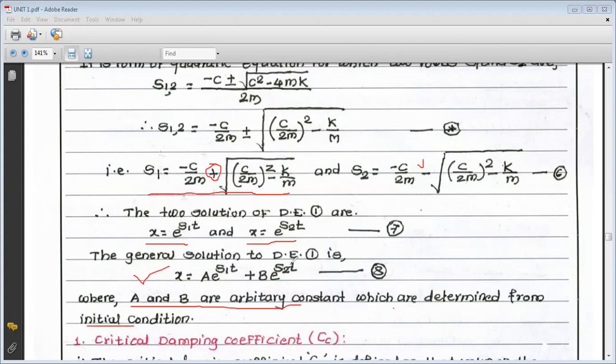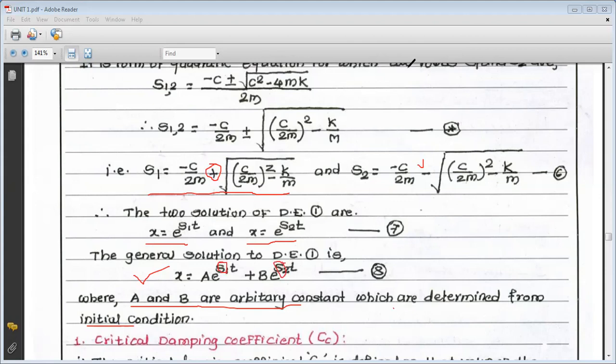This is the value of s1 and s2. So this is the general solution of the differential equation. By putting the values of s1 and s2, we get the general solution of the damped free vibration.